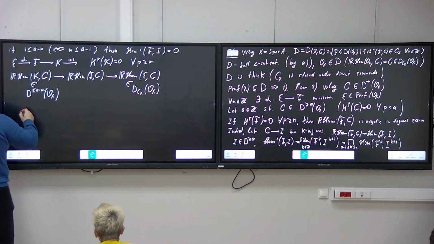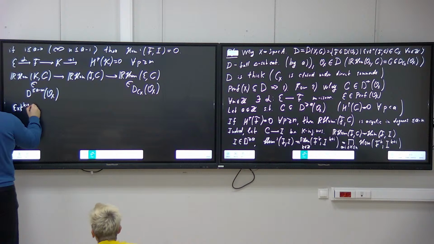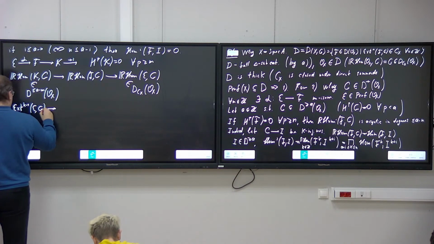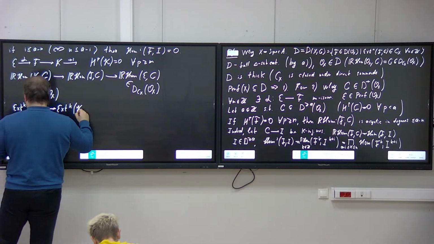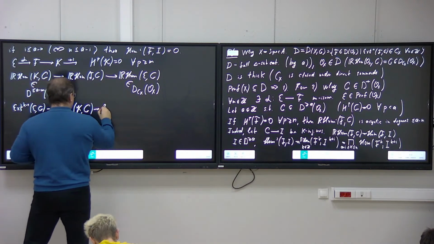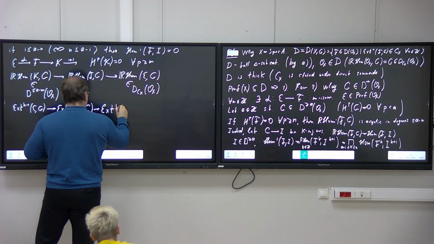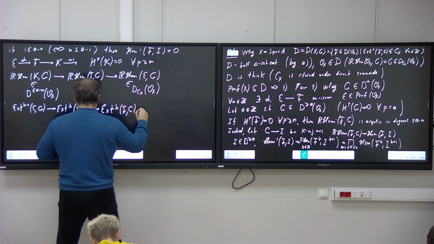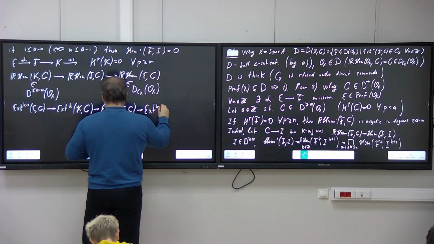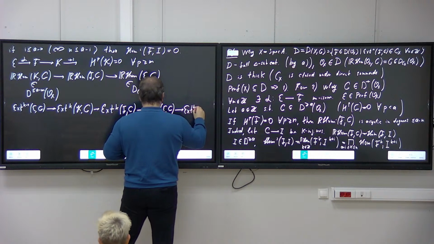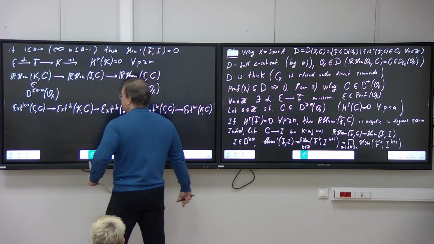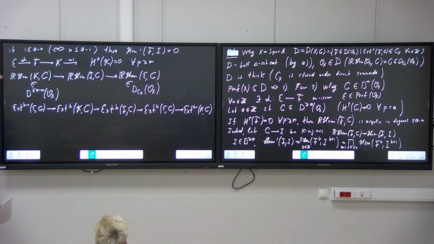So then, to convince you, maybe I'll write the five terms. I have Ext^{k−1}(E, G), which maps to Ext^k, where the arguments are K and G. Then there is Ext^k(F, G), Ext^k(E, G), and finally Ext^{k+1}(K, G). These are the five terms from the long exact sequence.